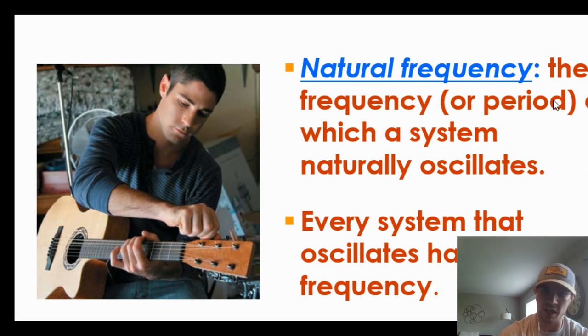If I'm on my swing set, I probably want to change the height of the swing. The lower the swing, the longer it's going to take. The shorter, the higher up the swing, the faster it will go back and forth. And that's that natural frequency. Every system has a natural frequency. It has a frequency that it wants to oscillate at naturally, but we can manipulate that by changing the length of the string.